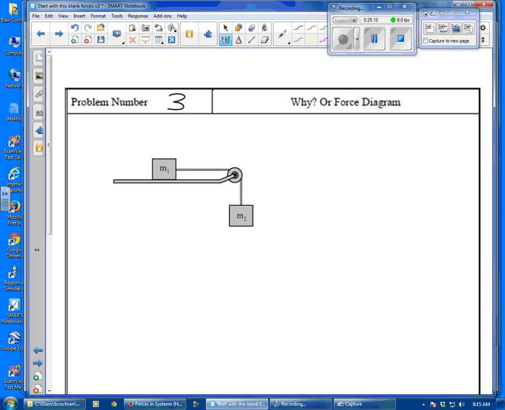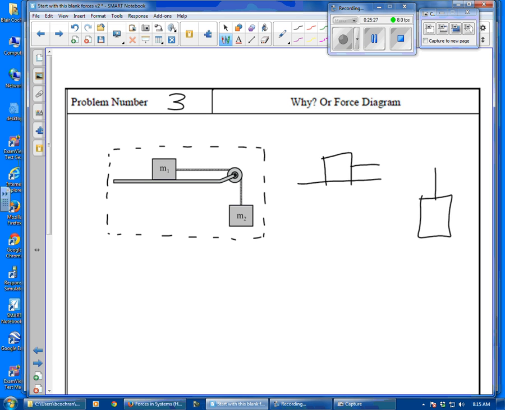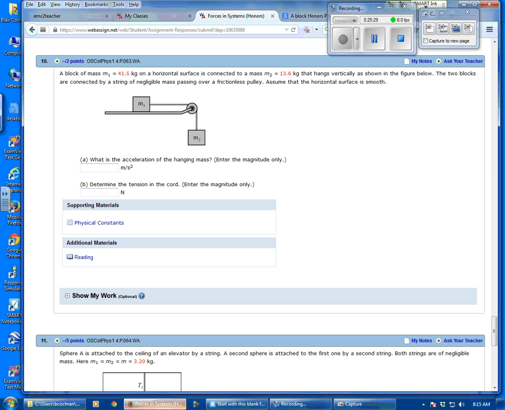So, do my system one. Do a dotted line. Then I'll have M1 and M2.